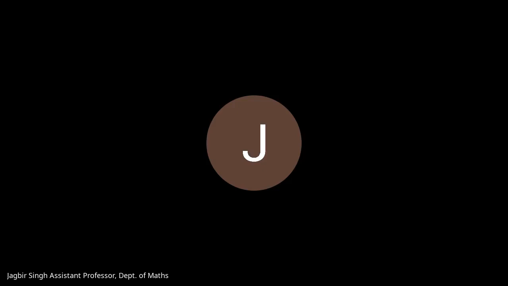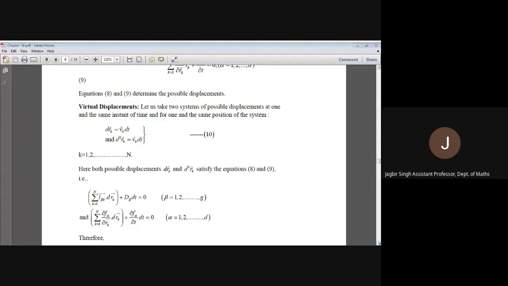So here, again, we have a system with two possible displacements at the same time. Say one is drk and the other is d'rk. Now the equations for possible displacement are, as you know, summation k from 1 to n of L beta k drk vector plus d beta dt is equal to 0, and summation of partial f alpha by partial rk vector drk vector plus partial f alpha by partial t dt is equal to 0.